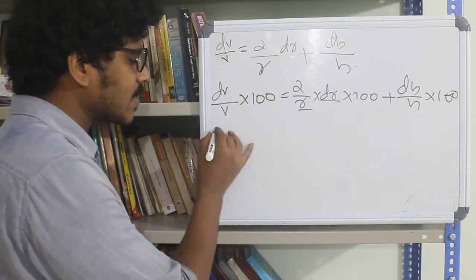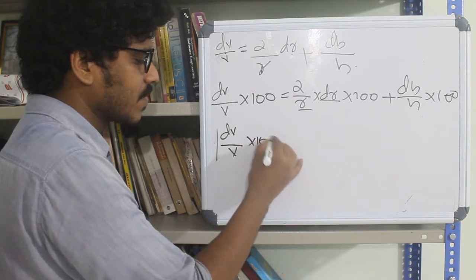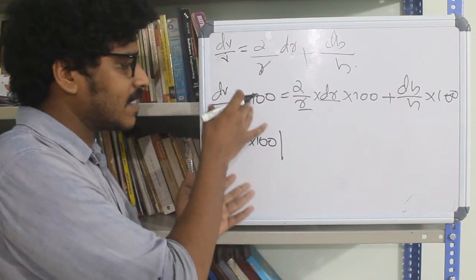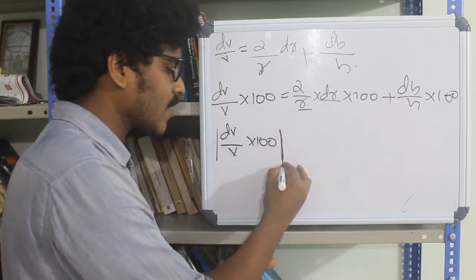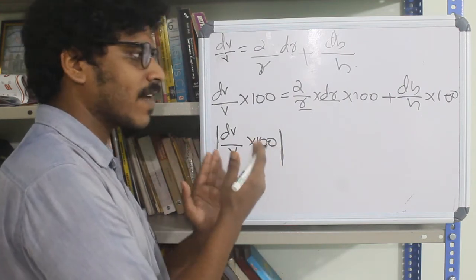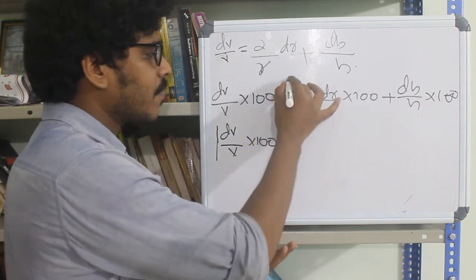So we just consider the absolute value of dv by v into 100. If this is negative, we consider that to be decreasing, or if this is positive, we consider that to be increasing. We are not interested in that for this case, so we consider the absolute value.